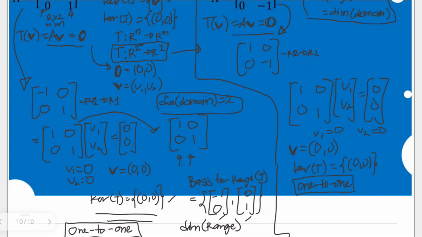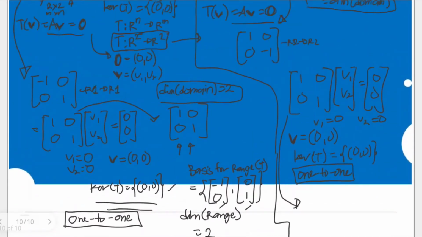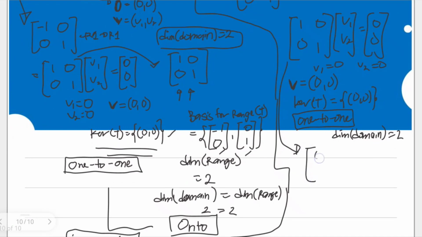Now for onto, we need to look at this reduced row echelon form. Since this follows the same transformation, the dimension of your domain is already equal to 2. What we need to show here is whether the dimension of the range is also 2, using the reduced row echelon form already identified earlier, 1, 0, 0, 1.